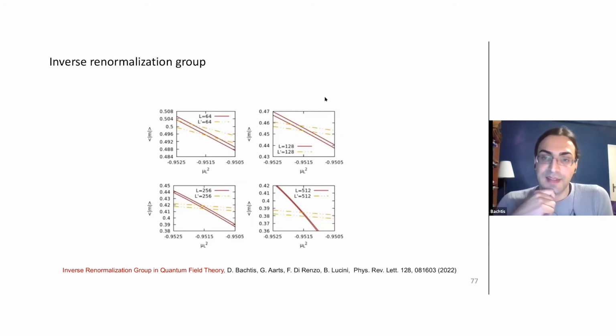So here is the first result. You can see the magnetization for the rescaled systems with these dashed lines, and the width indicates the statistical uncertainty. Specifically for this case, we also simulated the original systems to allow for a direct comparison. You can see that the proper inverse renormalization group flows have emerged in the system's parameter space.